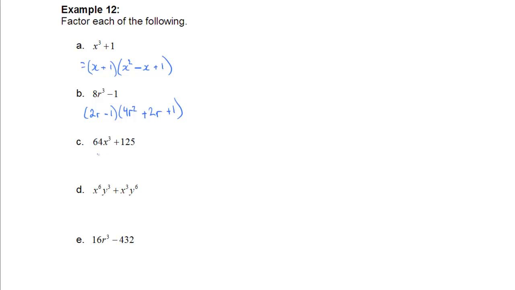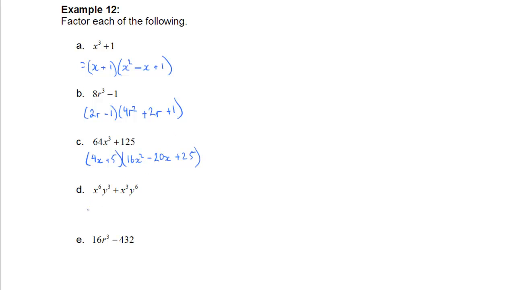There's no common factors there. 64 is 4 times 4 times 4. 125 is 5 times 5 times 5, so we're going to get 4x plus 5 times 16x squared, square the first, opposite of the product, and square the last. So we're just taking cube roots and then squaring, opposite of a product, square the last.